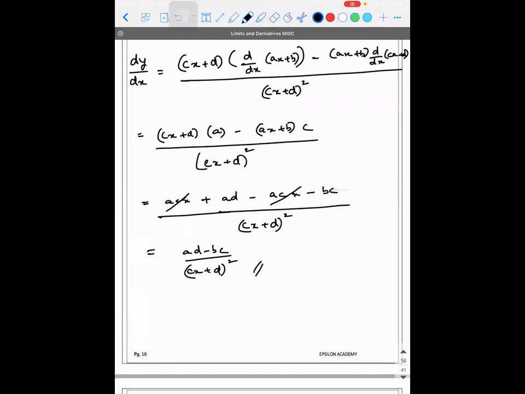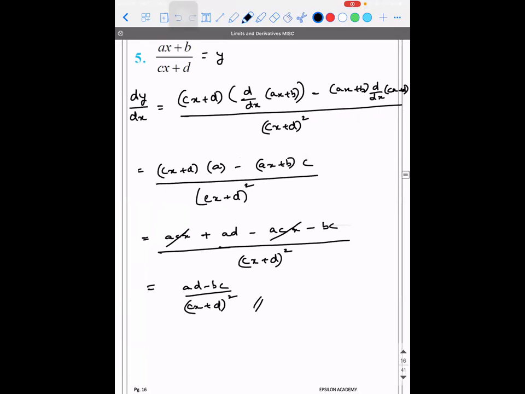See, here I'm doing it directly, okay? While you're writing it in the exam, don't forget the formula. The formula is mandatory. Sir, we should expand cx plus d? No, you can leave cx plus d. Are you talking about the last step?